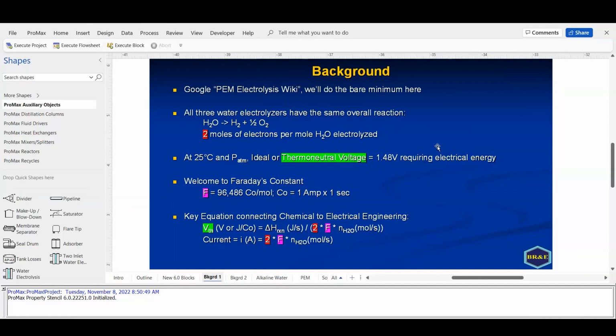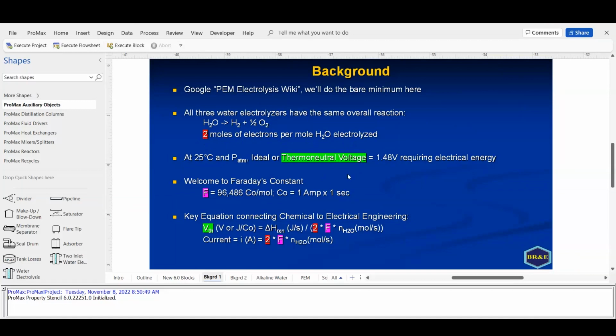It doesn't matter whether you're using PEM or alkaline water or solid oxide, they all have the same water that is being converted into a mole of hydrogen and a half mole of oxygen. And along with this, there are 2 moles of electrons per mole of water that are required for this overall reaction.